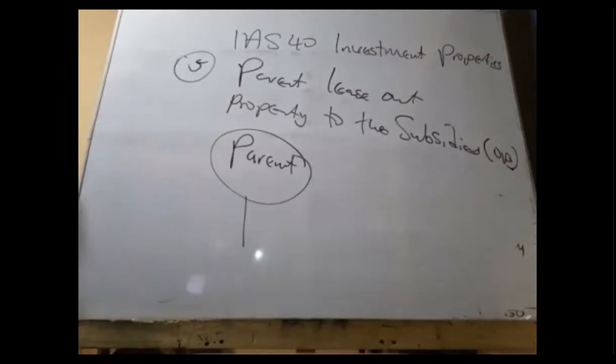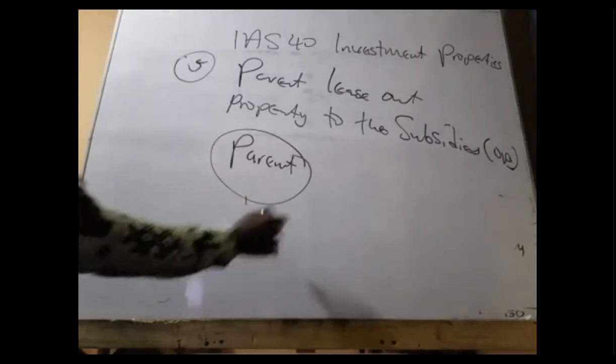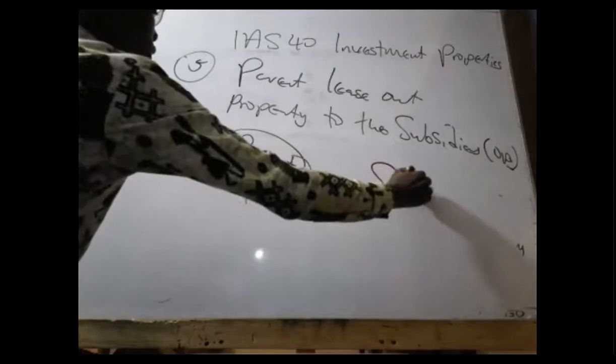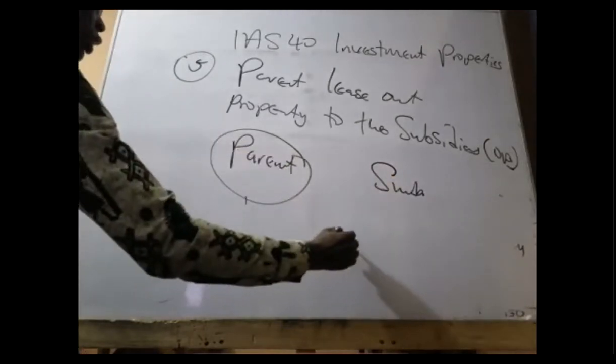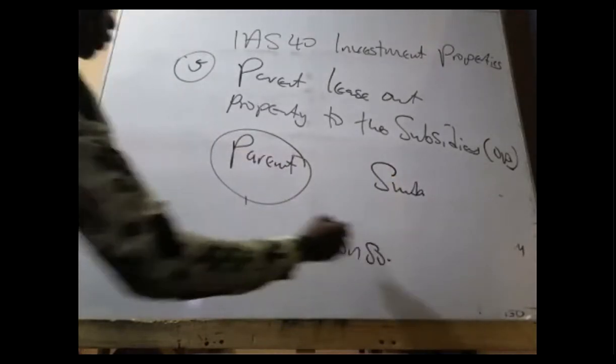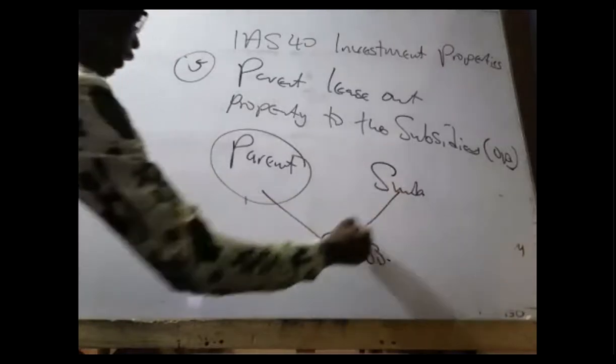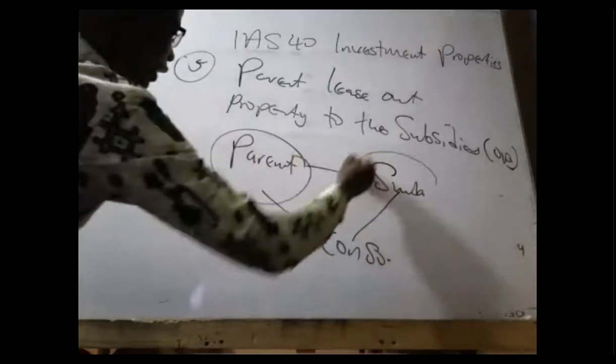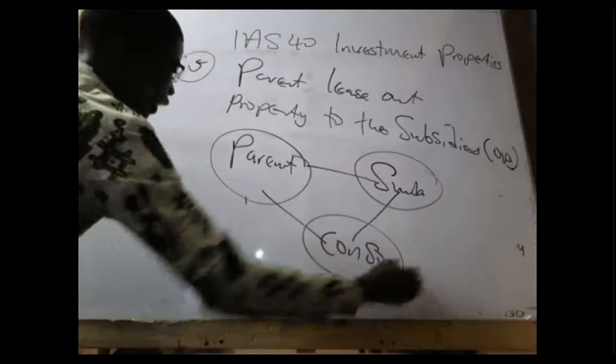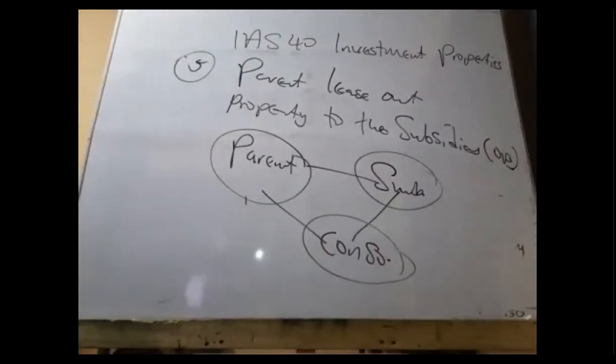Example 5: in the parent's books, how are you going to treat it? And then in the subsidiary's books and in consolidation, how do you treat this? Take note of this, it is extremely important.